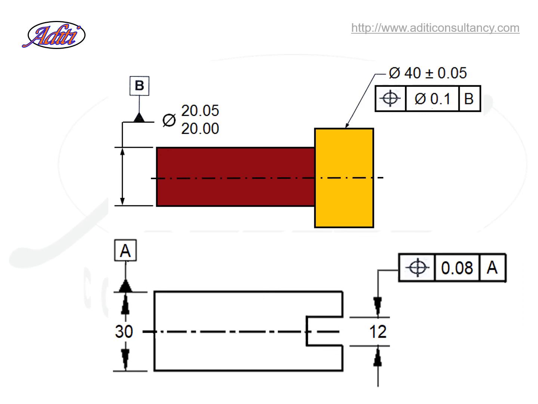Even now, in the first case, concentricity between two axes is being asked. Symmetricity between the two midplanes is being asked in the second part. Means concentricity and symmetricity symbols can be replaced by position. That is the reason why in the 2018 version of the ASME Y14.5 standard, concentricity and symmetry have been removed.